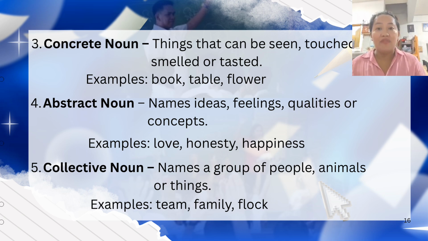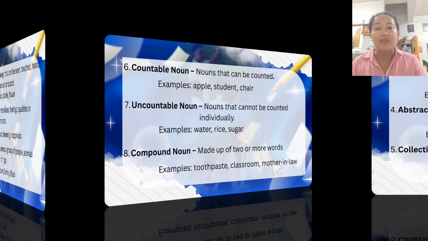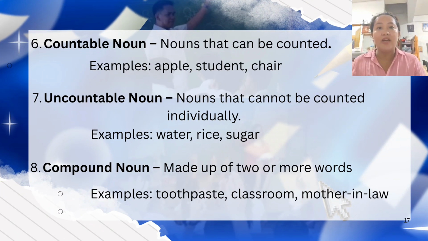The fifth type of noun is the collective noun. A collective noun names a group of people, animals, or things. For example, a family, team, flock. The sixth type of noun is the countable noun. A countable noun are nouns that can be counted.